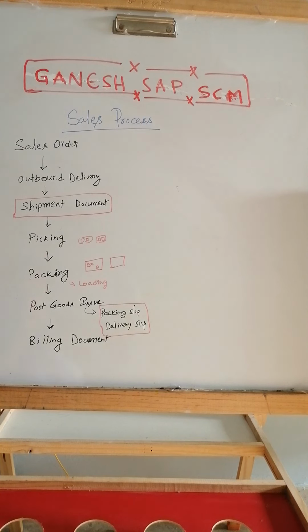The overall sales cycle: mainly I'm making these board videos to help you understand the business process and the steps involved during a process. For the transaction codes and configuration, we have other videos where we go to the SAP system and I explain the processes. But this is more of a generic business process.